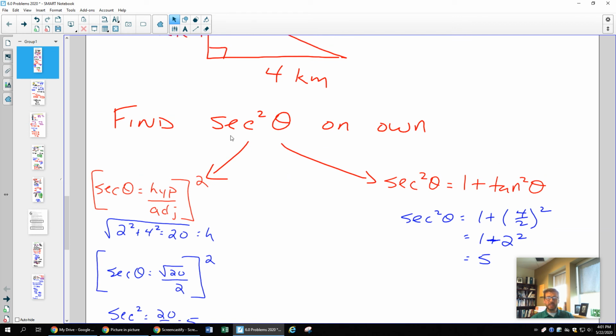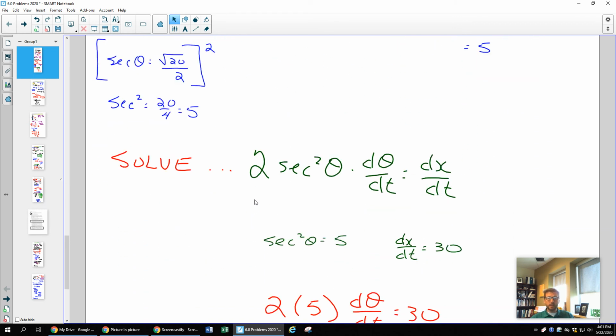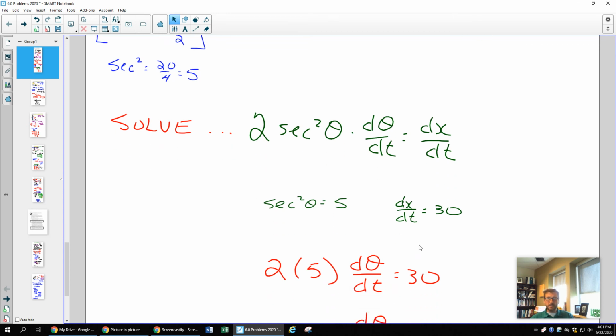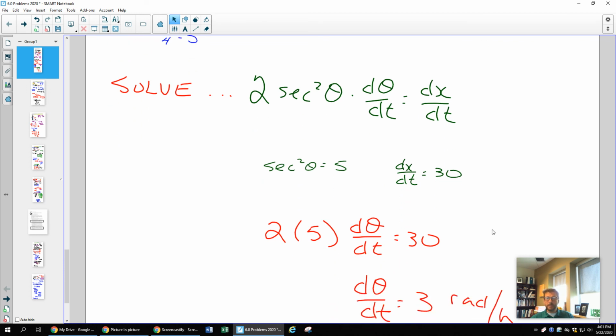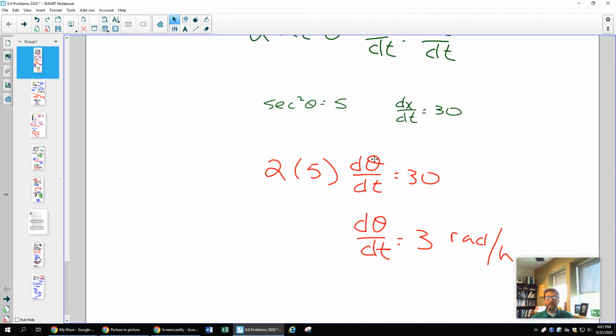So now we've found secant squared on our own, and we can go back to our equation, 2 secant squared d theta dt equals dx dt. Secant squared was 5, and dx dt, the speed of the boat, was 30. Plug everything in: 2 times 5 is 10, and 30 divided by 10 is 3. That's d theta dt. We always solve our problem in terms of radians.